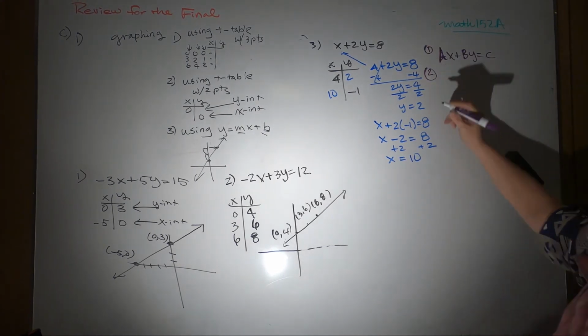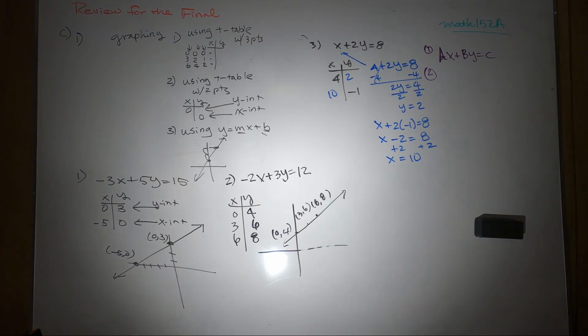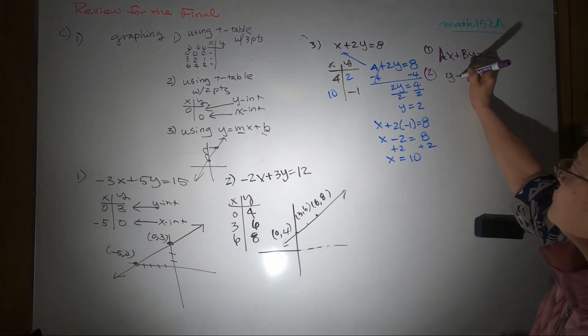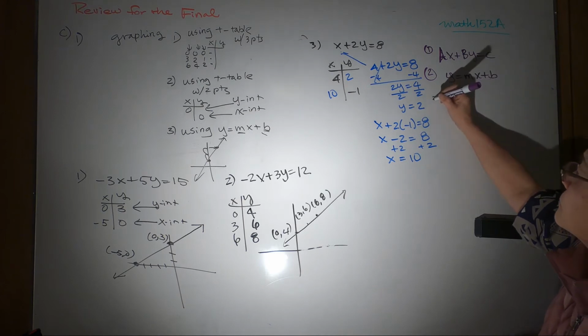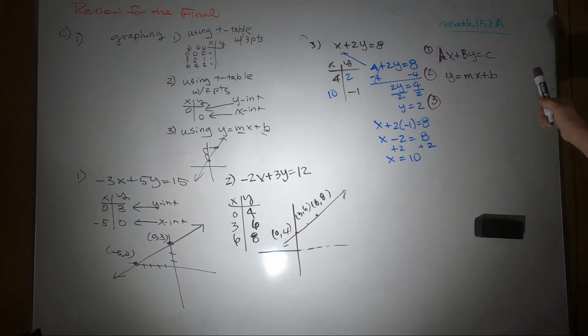That's standard form, x and y on one side of the equation. Second one is slope-intercept form. y equals mx plus b, right? So usually the result we will write in either form, right?